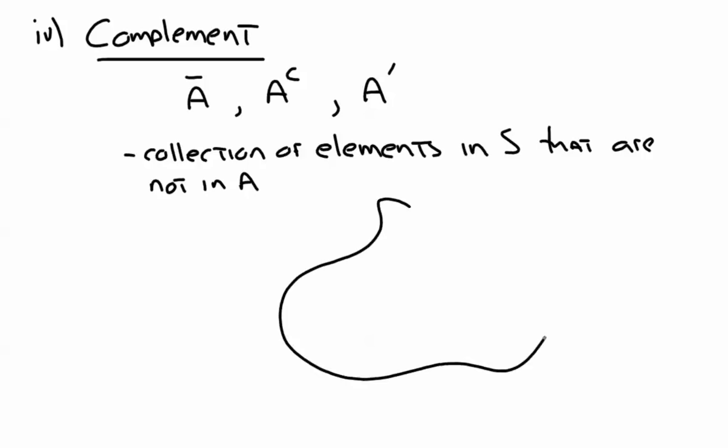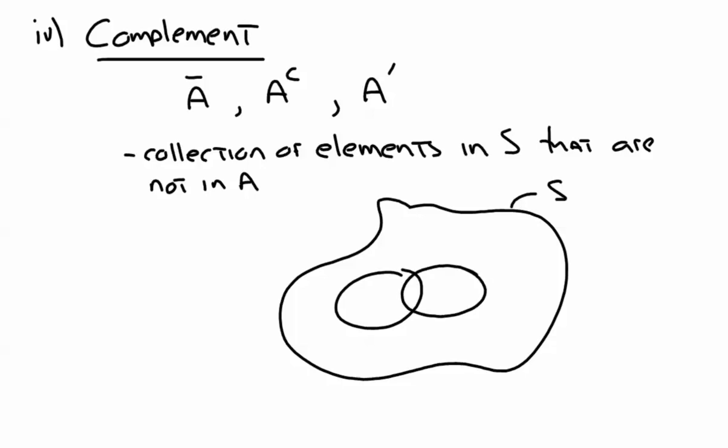So if this is my sample space, this is set A, and this is set B, then everything that's not in A is in A complement. So that would be all of this.